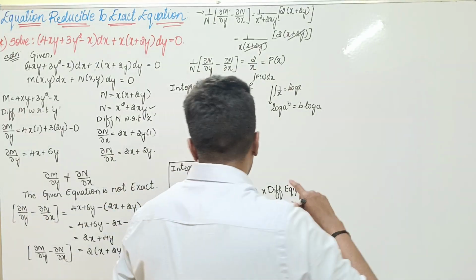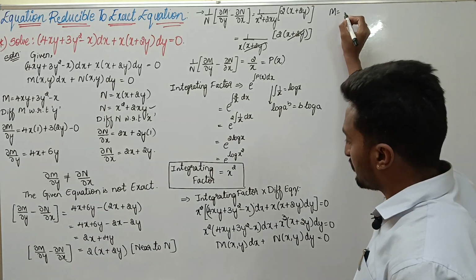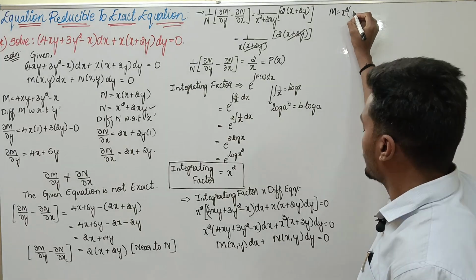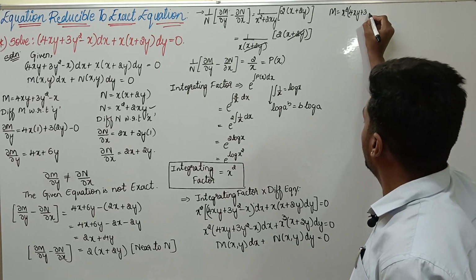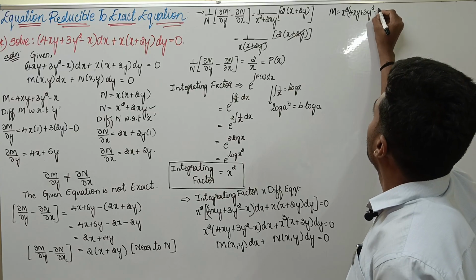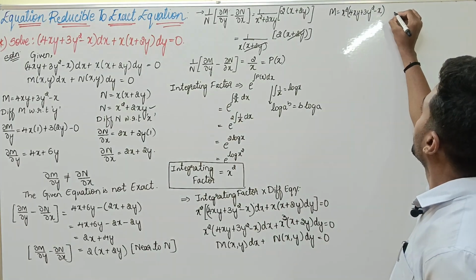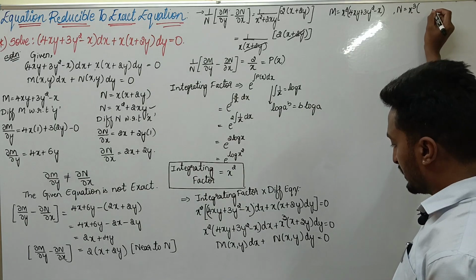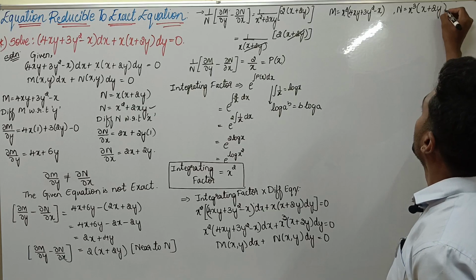Now, similarly, repeat the condition. That means represent m. What is m? We have x square into 4xy plus 3y square minus x. Now repeat n, that is n which is equal to x cube into x plus 2y.